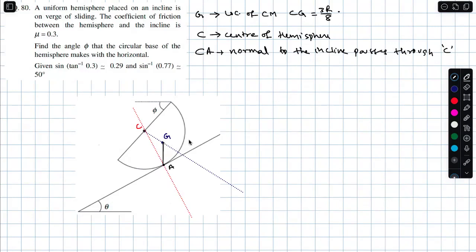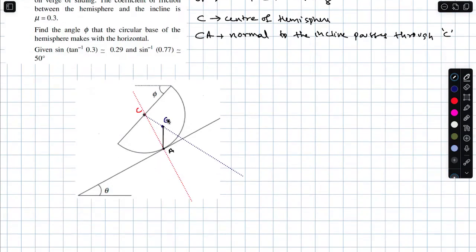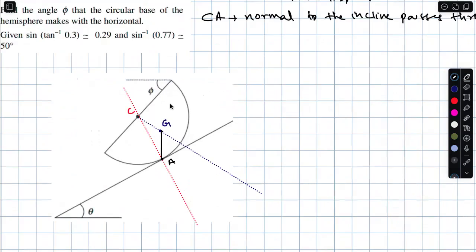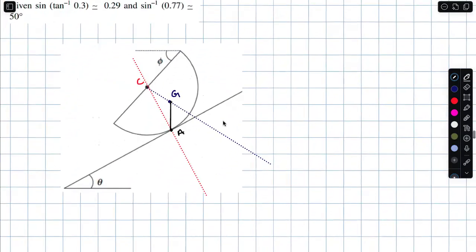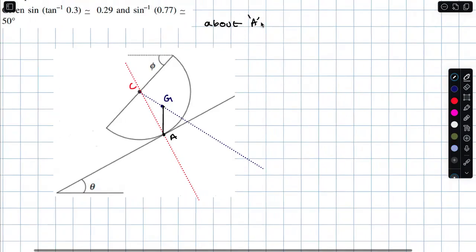But the condition we have taken for equilibrium, look carefully, is about A. Friction passes through A. Normal reaction passes through A. If weight also passes through A, then it's a rotational equilibrium.